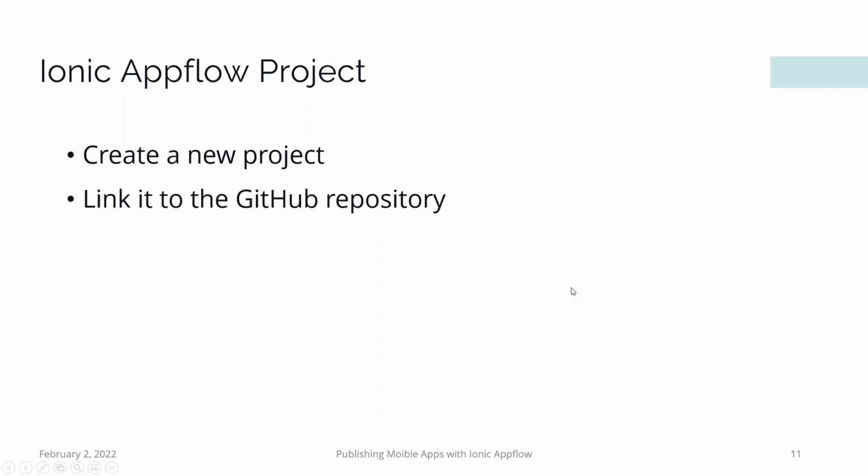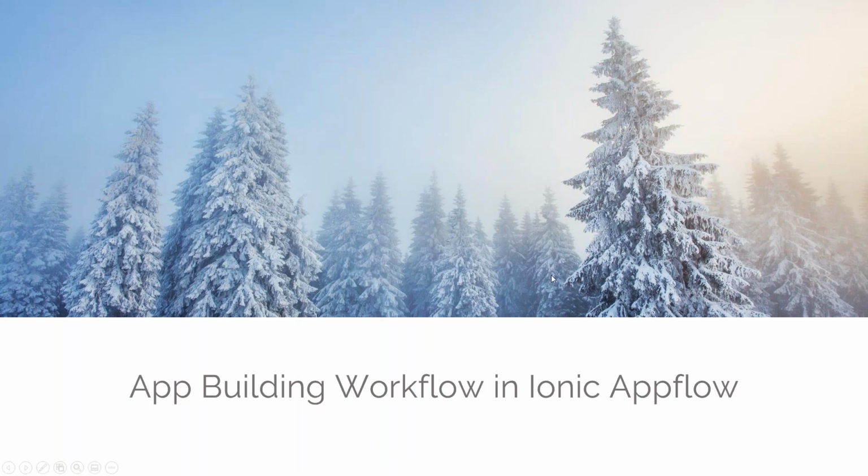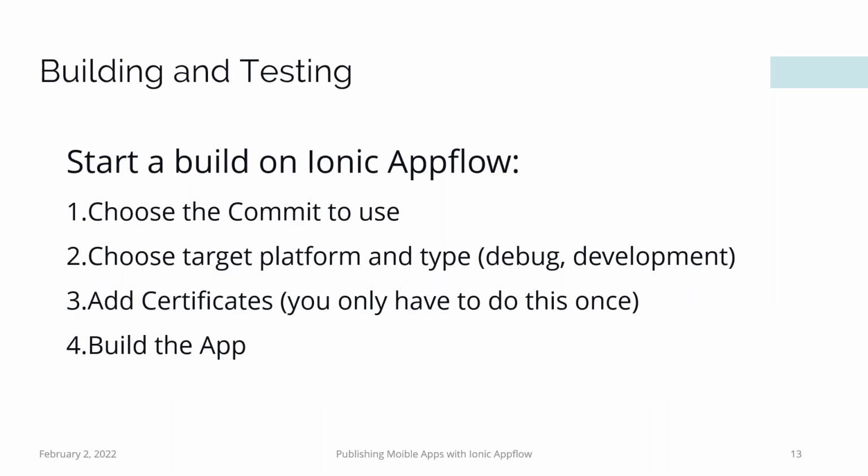So create a new project from an existing project and then link it to GitHub. If you go through the other option that says new, Ionic will automatically generate some files for you, and I'm pretty sure that's not what anybody wants. So make sure to import an existing project. So once that's set up, you're now ready to build, and we're going to talk briefly about what that workflow is.